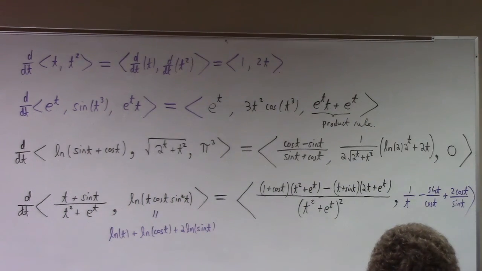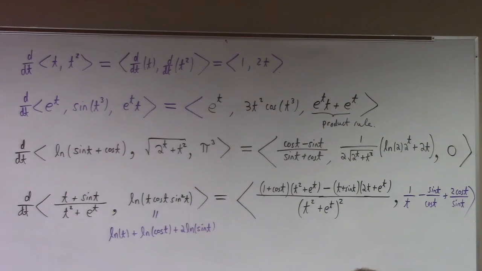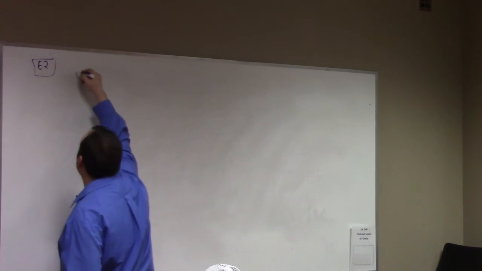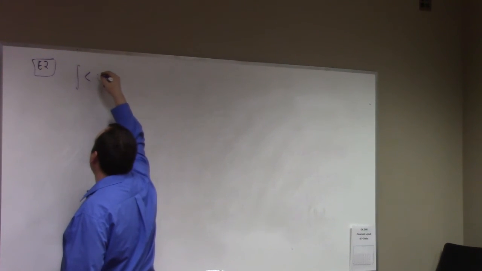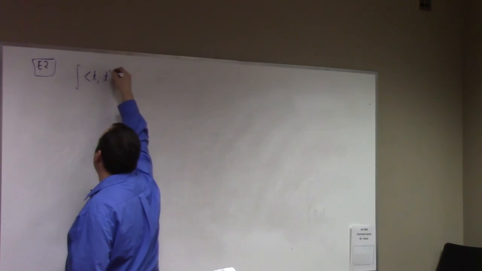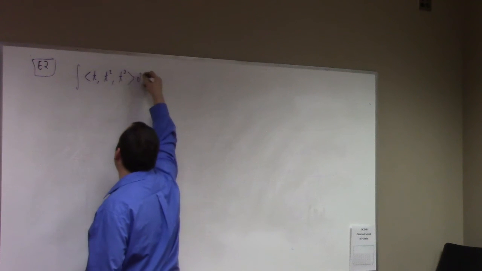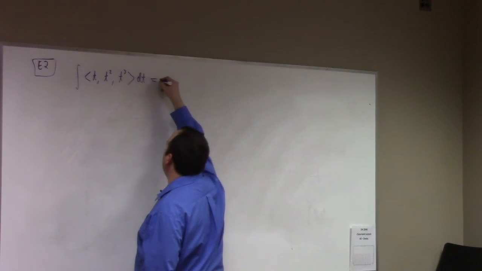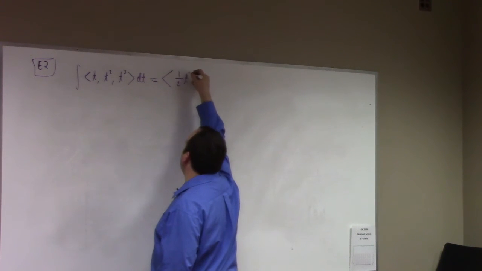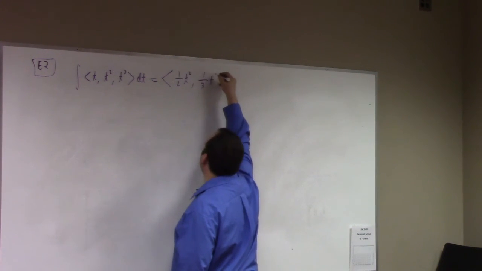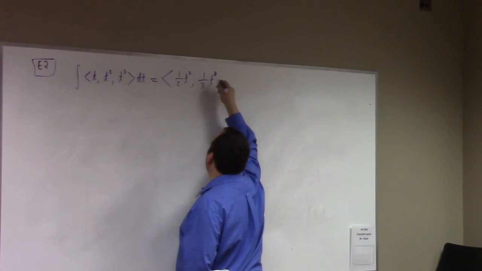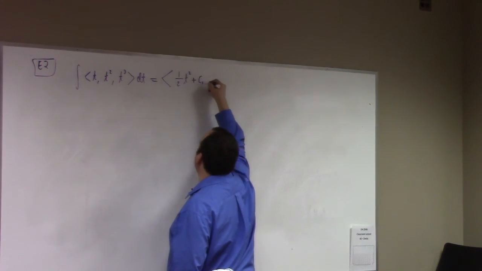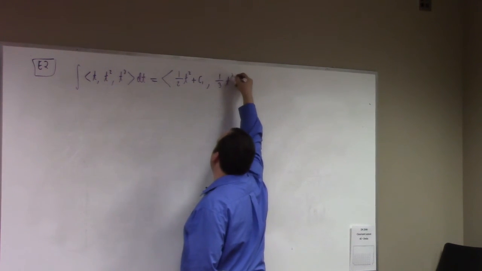And now for some integration. So if we were going to integrate, say, t, t squared, t cubed dt, this would be 1/2 t squared plus c1, right? 1/3 t cubed plus c2.